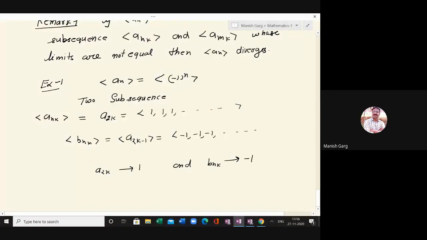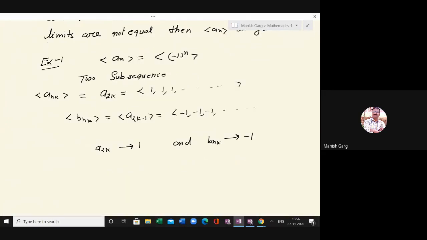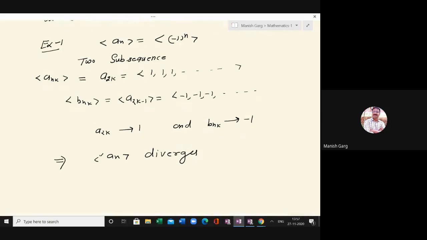But the previous theorem says every subsequence must converge to the same point. So it means the sequence a_n diverges. So I think the student who was asking the question, is it clear? Yes, sir.